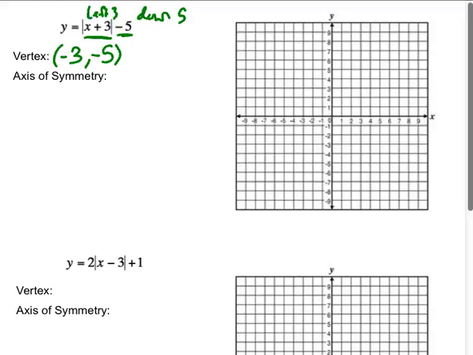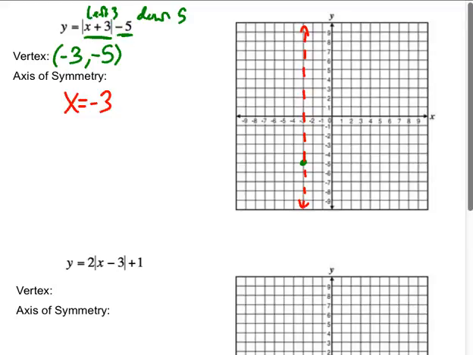So if you draw your vertex, that's going to tell you your starting point because you know the vertex should be at 0, 0, but it follows that transformation. And you also know your axis of symmetry also follows that transformation.